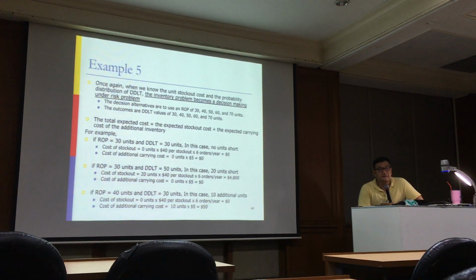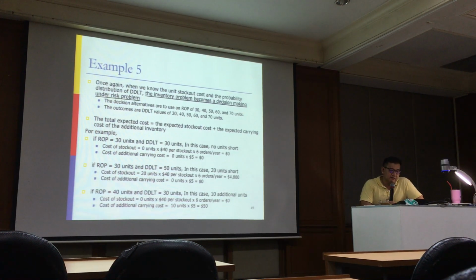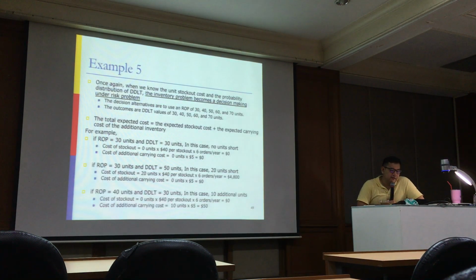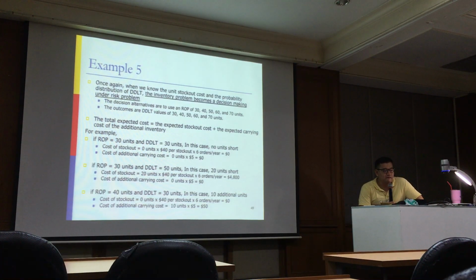Let's talk about the alternatives first. The alternatives are the reorder point, using demands of 30, 40, 50, 60, or 70. The outcomes come from the demand during lead time, also 30, 40, 50, 60, and 70, because we don't know which one will happen.